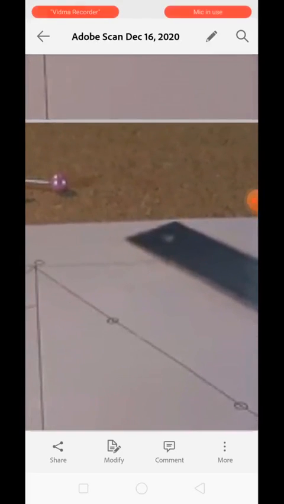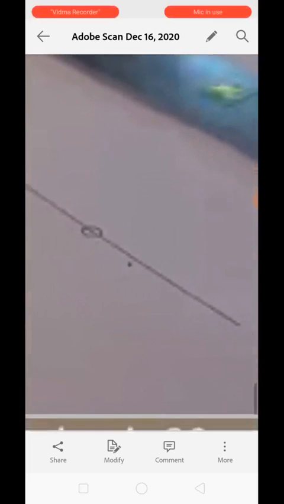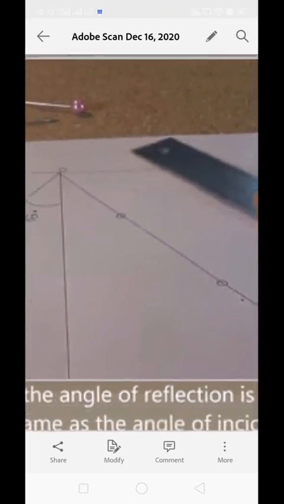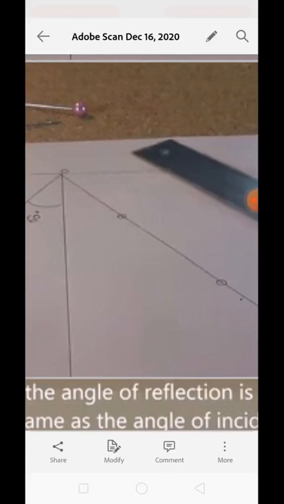The second line drawn over here, from O to Q, is acting as the reflected ray. The angle formed from the normal to the reflected ray is known as the angle of reflection.